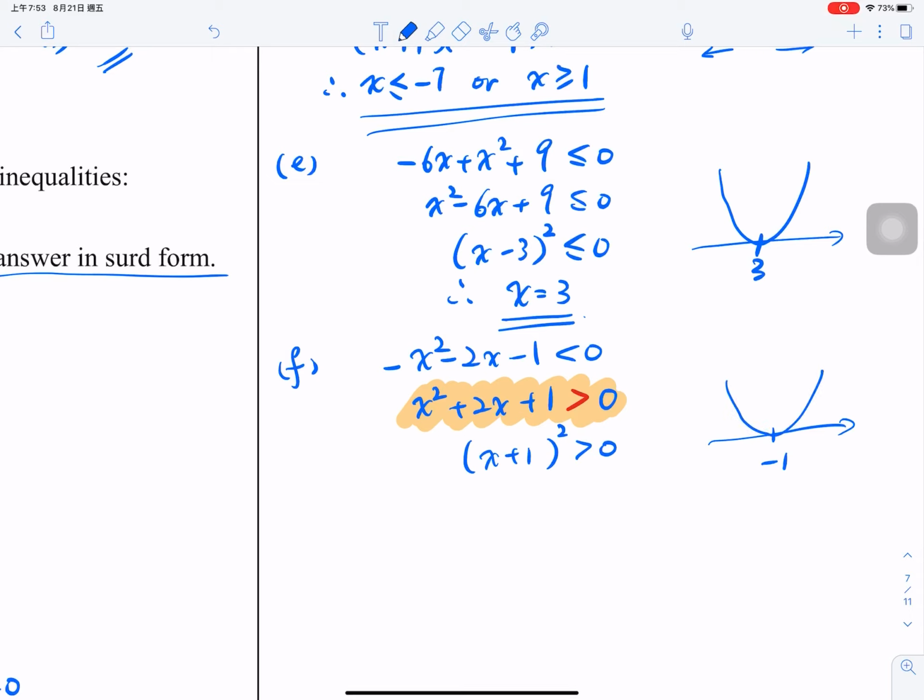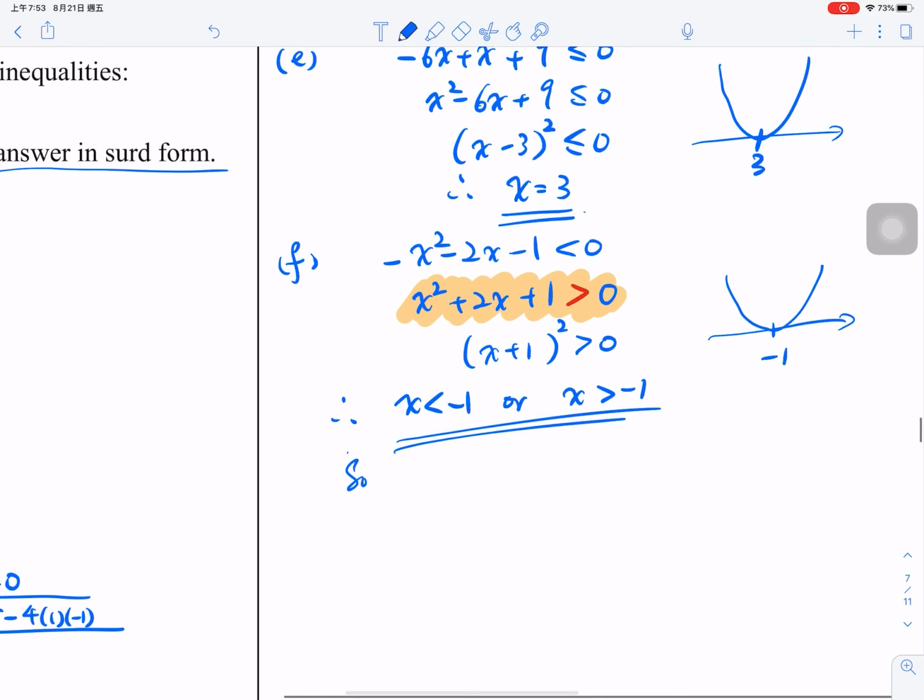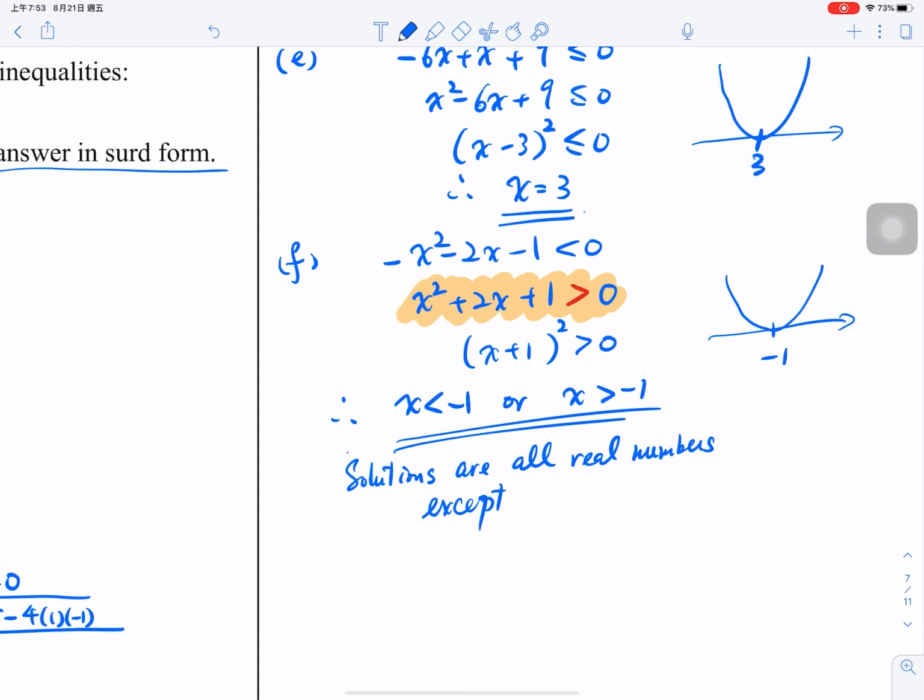So like this. Greater than 0, is it all of them? No, because you have one touching point. What does this mean? You can write as x smaller than -1 or x greater than -1. Actually, you can say that solutions are all real numbers except x equals -1.